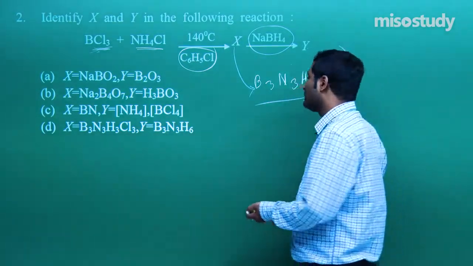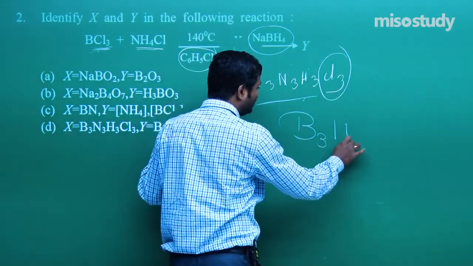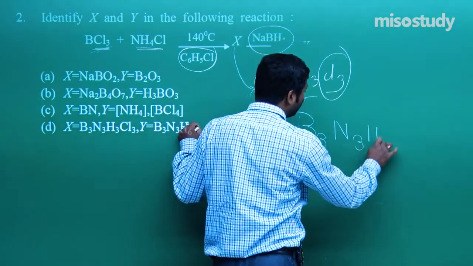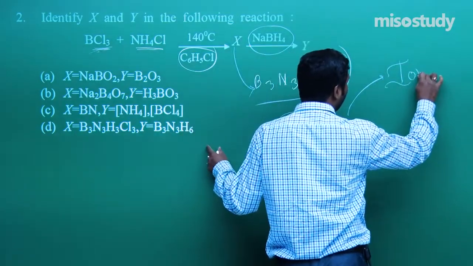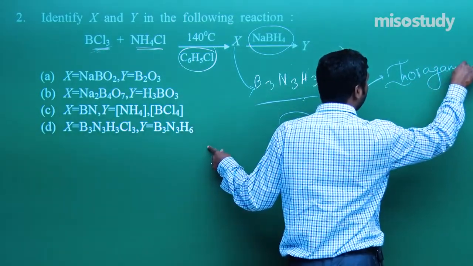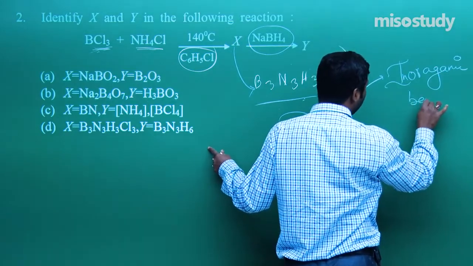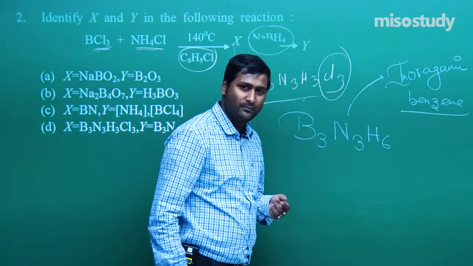And one more thing I have to mention here: B3N3H6 is an important compound known as inorganic benzene, because it has a similar structure to benzene.